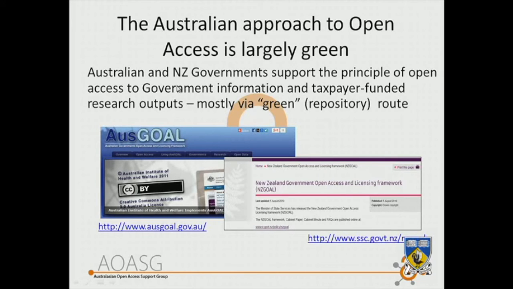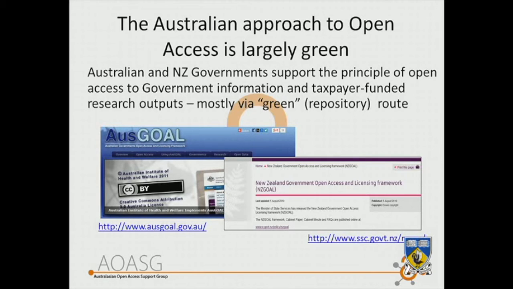Now, having talked about gold open access publishing, the Australian approach to open access is largely green, and that's based around repositories. This came out of a number of decisions that were made a few years ago about the funding of repositories, but also a more philosophical decision about how open access was going to be funded here. And it's very different, for example, from the UK, which is primarily funded around gold open access.